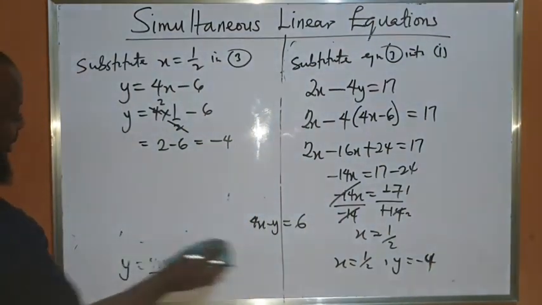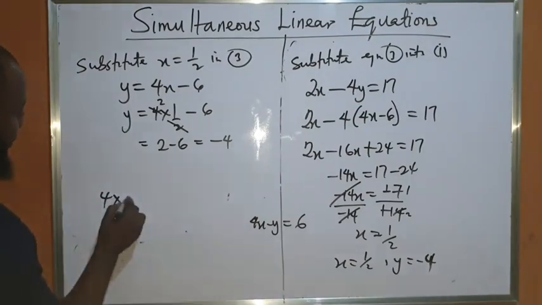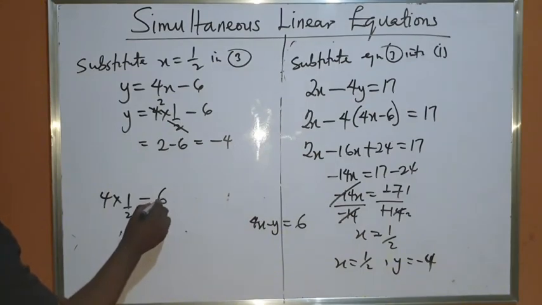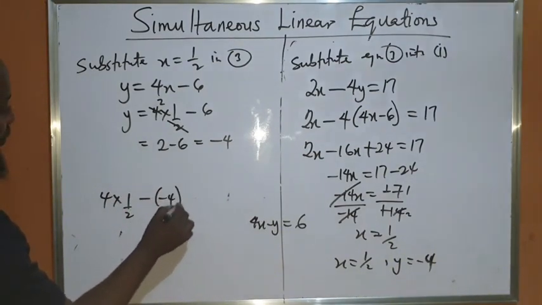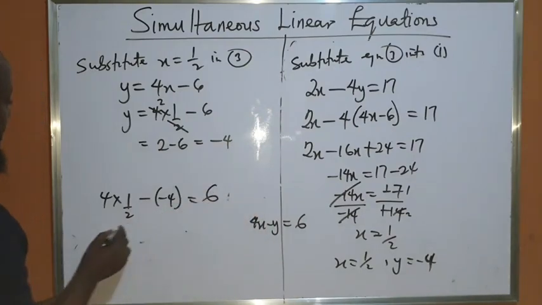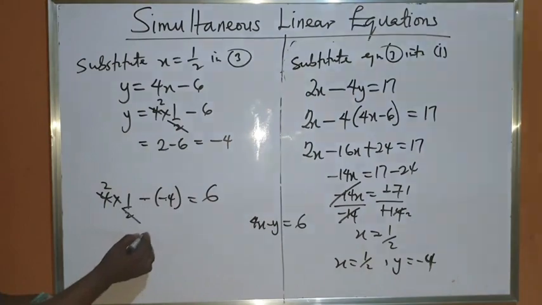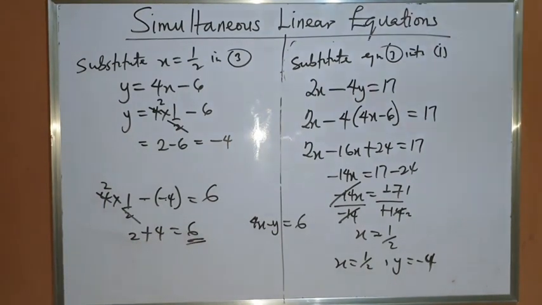So 4 multiplied by x, which is 1 over 2, minus y, which is minus 4, equals 6. 2 we cancel 2 here, that is 2. Then minus times minus is plus, that is 2 plus 4, and that gives 6. So I hope that is very clear.